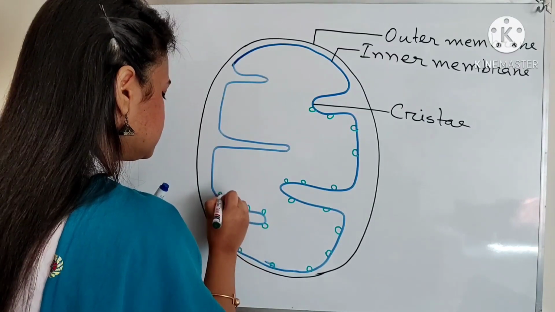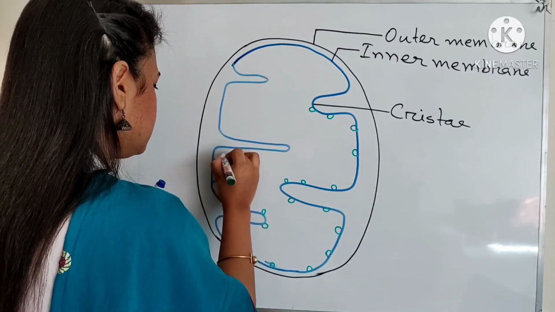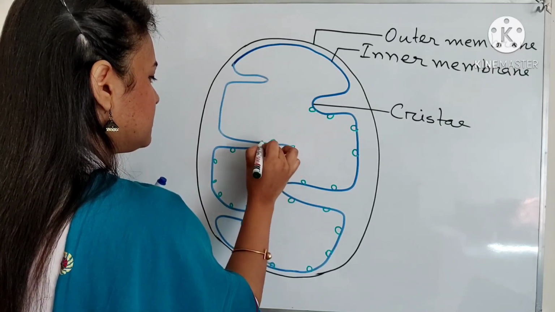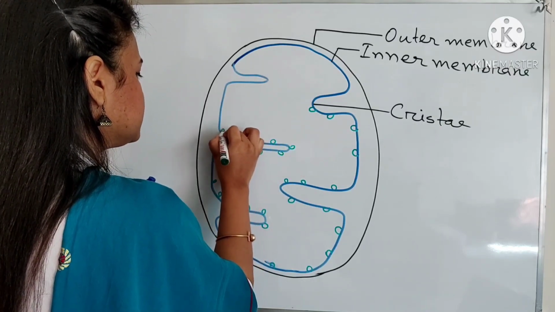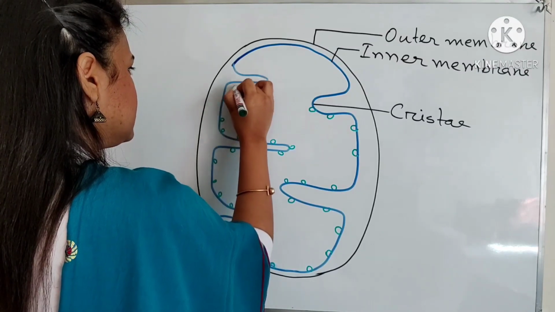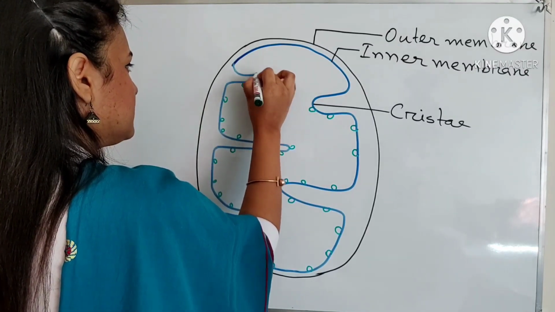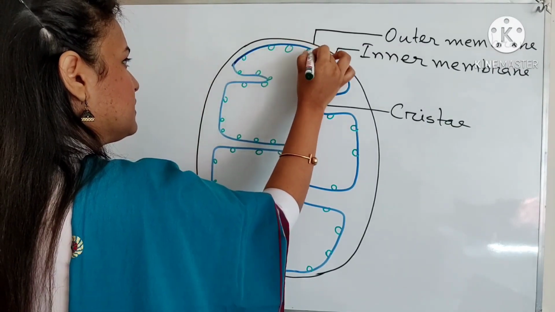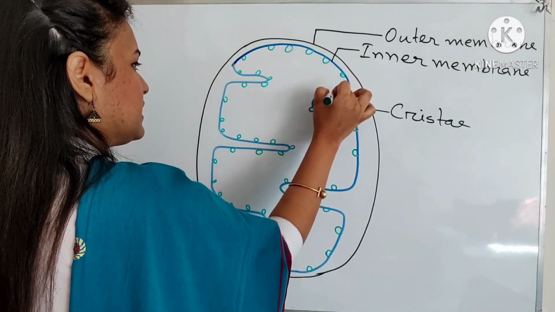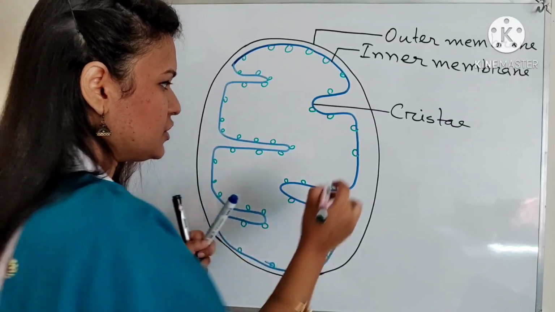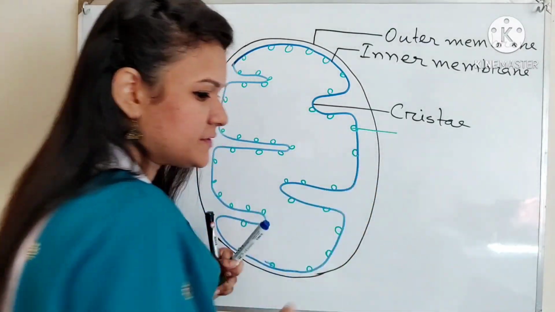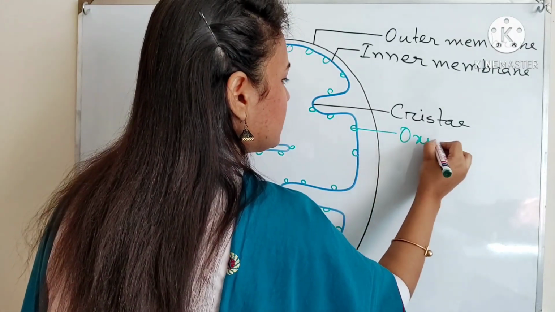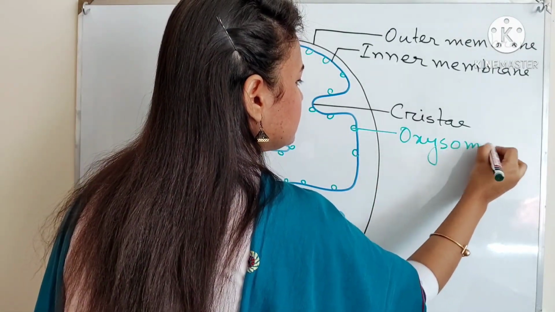Here I draw the small body or small rounded structure, and this small rounded body structure is called oxysome.